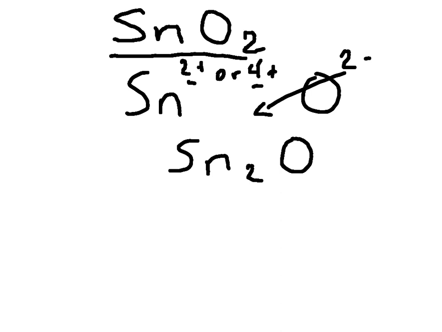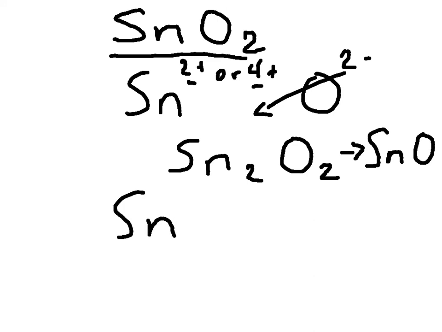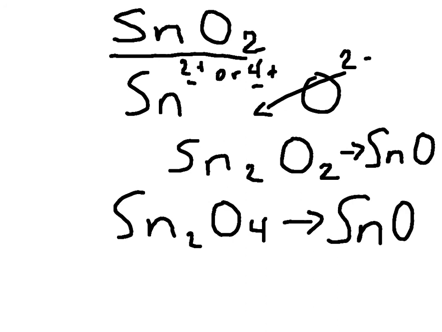Well, if a 2 had crisscrossed down, we would have had Sn2O2. And what does that cancel out to? That becomes SnO. It's not snow, by the way. SnO. And that's not what we have up above. We have SnO2. So it had to have been the 4 that crisscrossed down because that reduces to our SnO2.